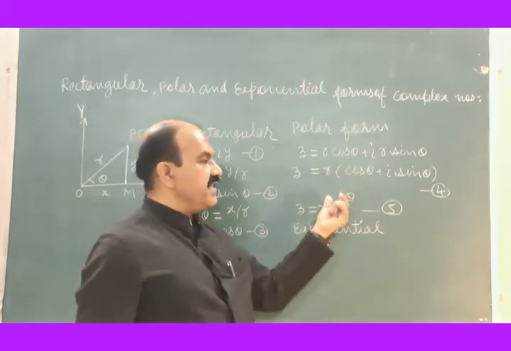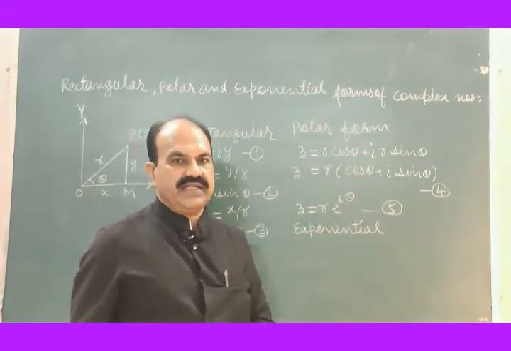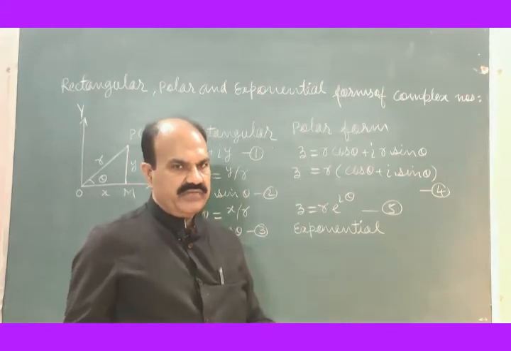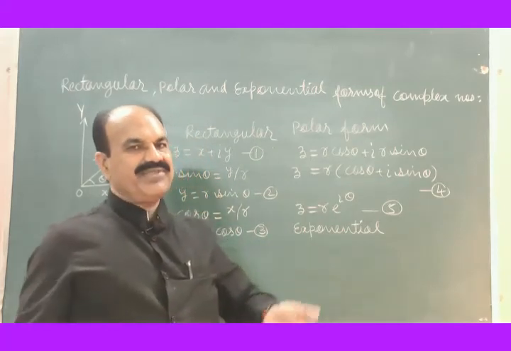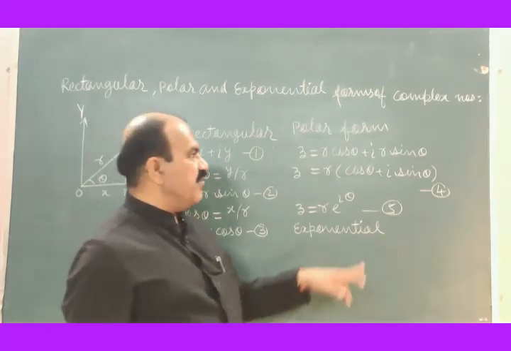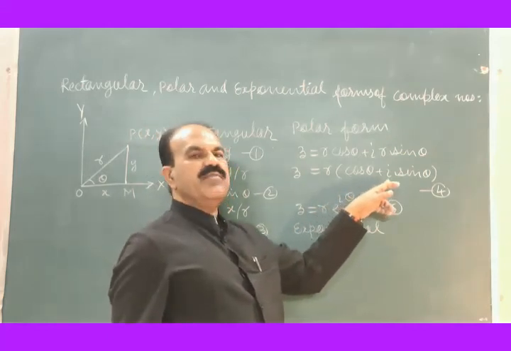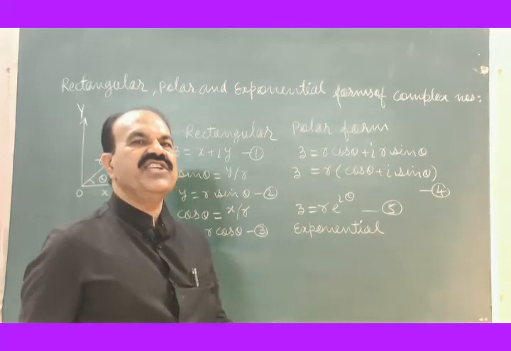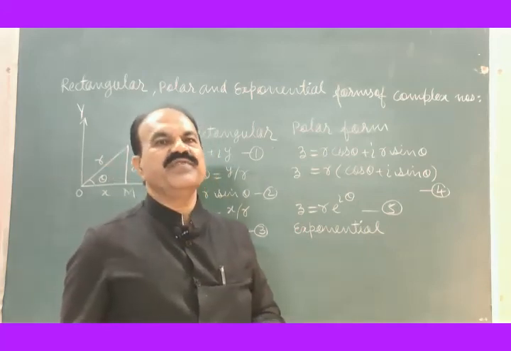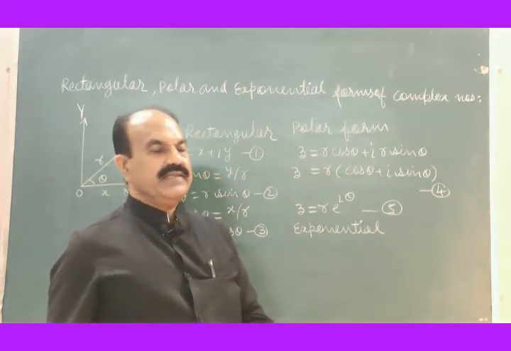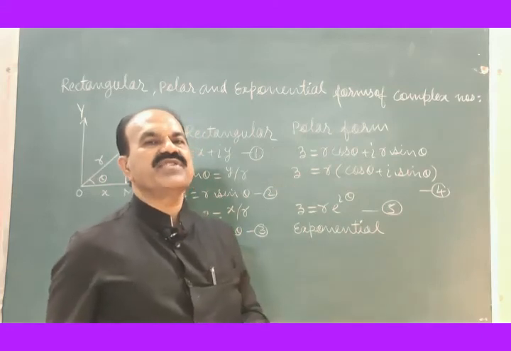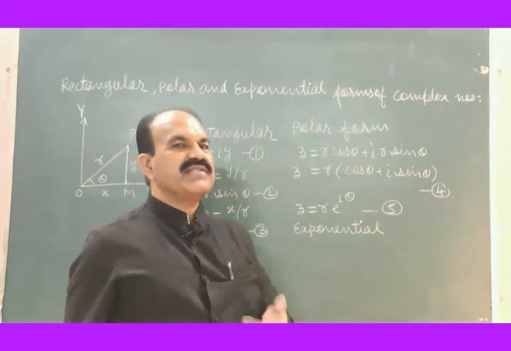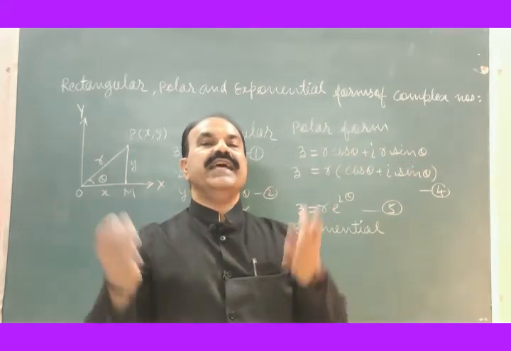This bracket can be written as e to the power i theta. When we go for in-depth study of complex numbers, you will come to know how cos theta plus i sin theta can be taken as e to the power i theta. This is there for the MSc course, for MSc first year, where complex numbers, complex geometry, complex algebra are covered in depth.